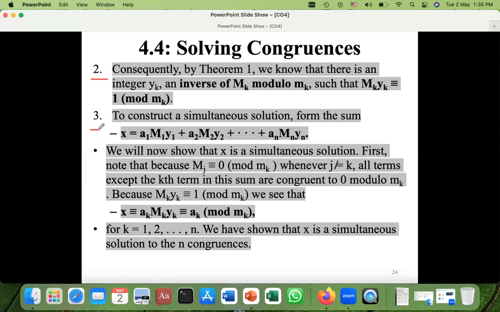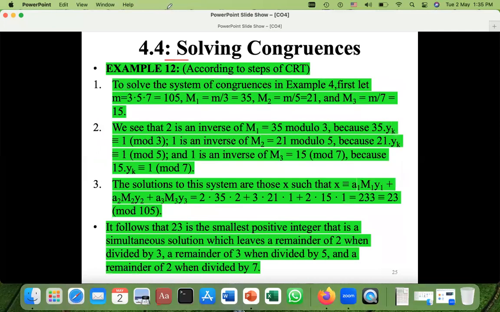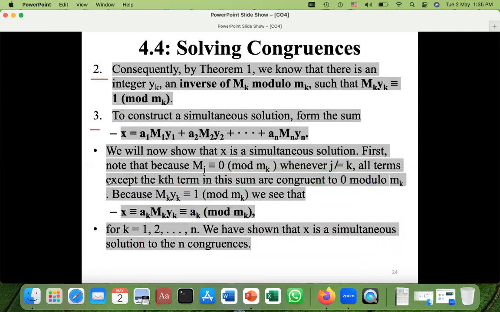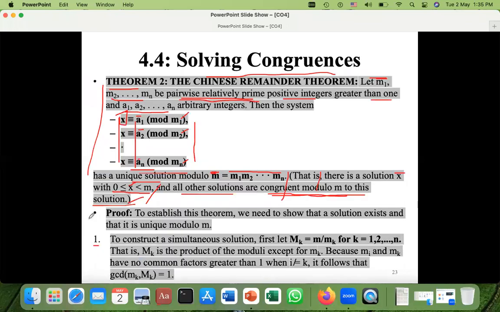Actually, these 1, 2, and 3 are the steps which you will need to solve a problem like that. For example, we will see in example 12. You may forget other things, but don't forget these 1, 2, 3 steps. That's why I have labeled them with numbers.